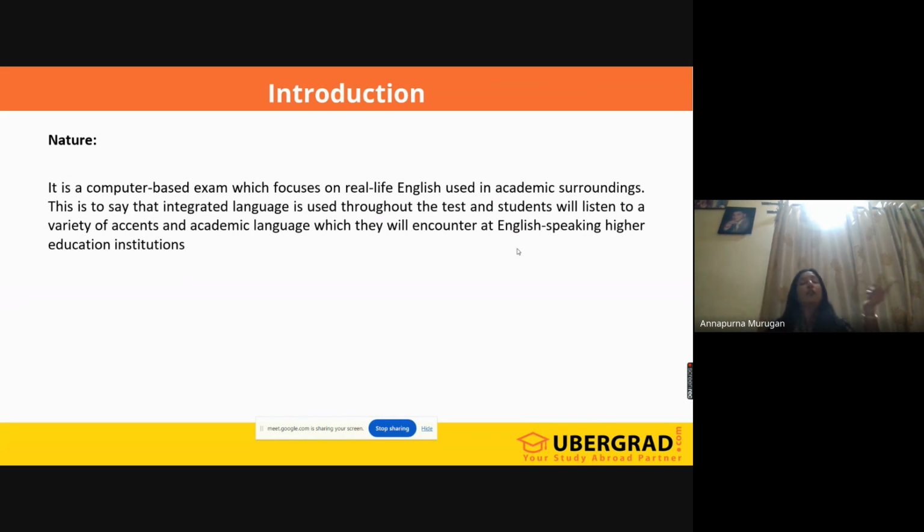Even in the case of TOEFL it is something like that only. You will be dealing with questions which may require you to present all 3 or 4 skills, and all 4 skills will be tested on that particular question also.